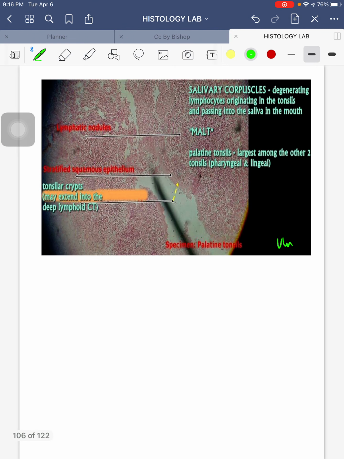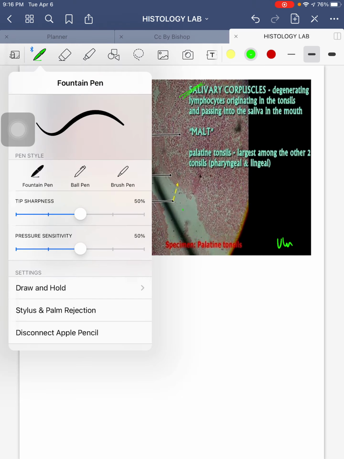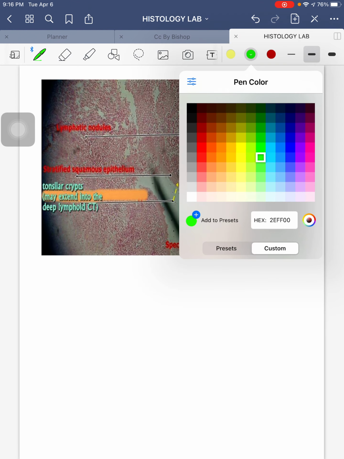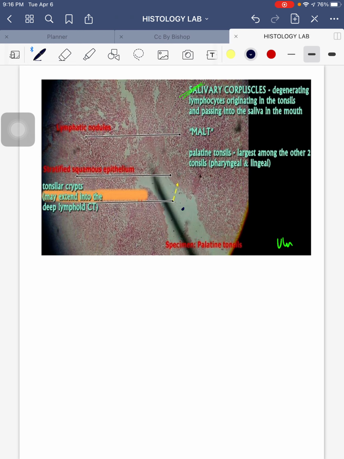So here, salivary corpuscles. We didn't find one, but usually a salivary corpuscle can just be single or darkened dot-like areas within the crypt.